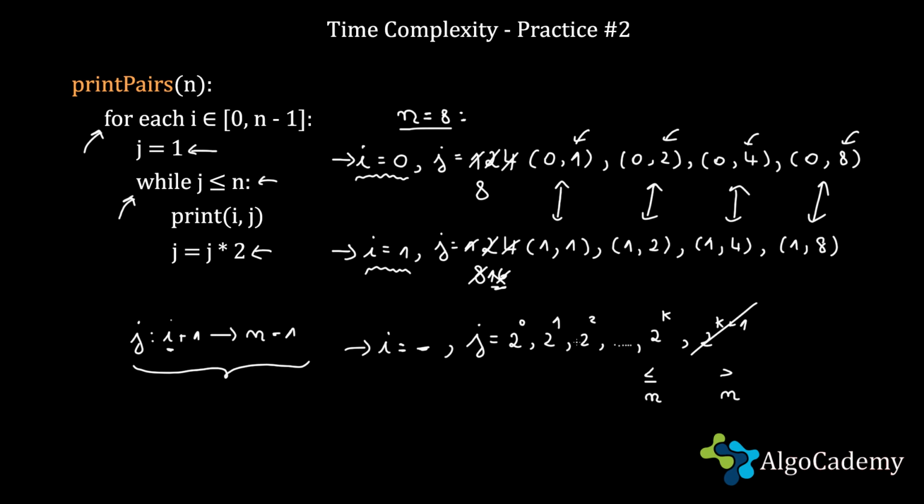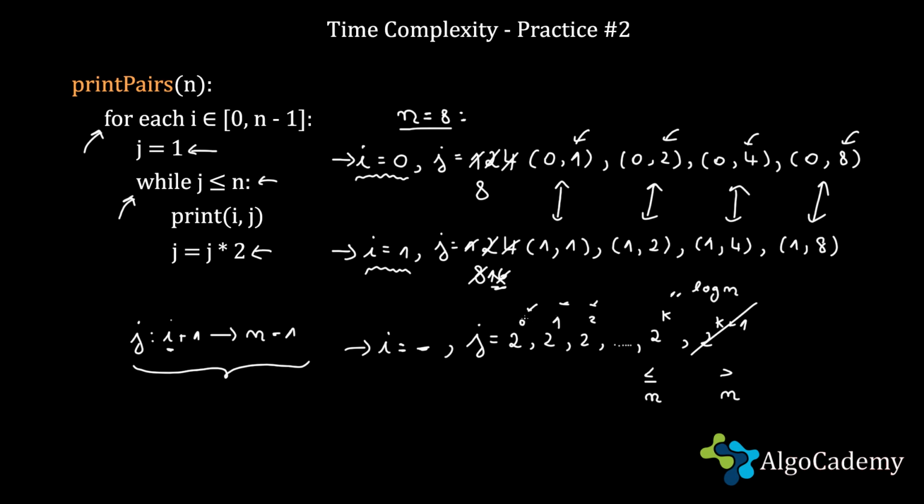So actually, we have each and every power of 2, right? Starting from 2 to the power of 0, to the power of 1, all the way to 2 to the power of log n. So we have a total of log n plus 1, right? Think about it. From 0, 1, 2, all the way to this k, which is log of n. How many different values?